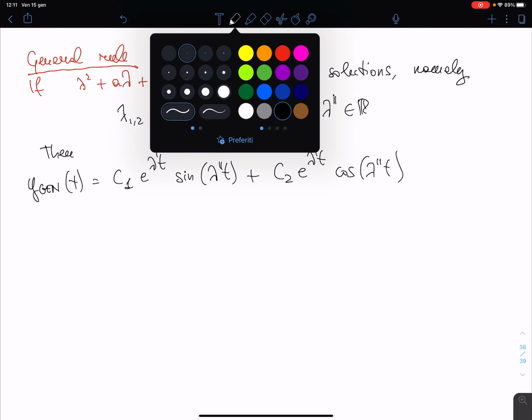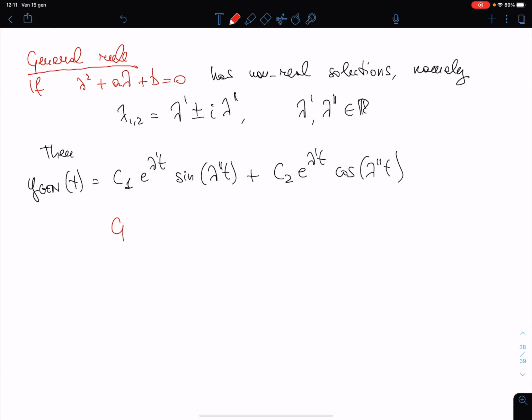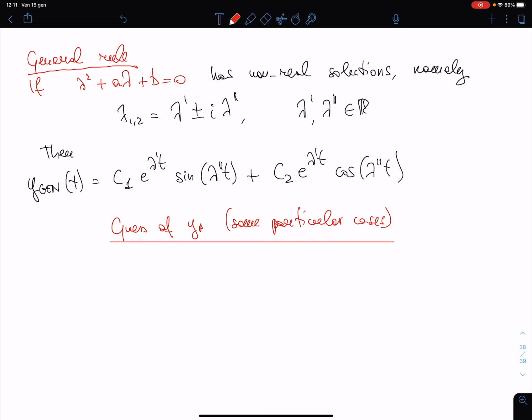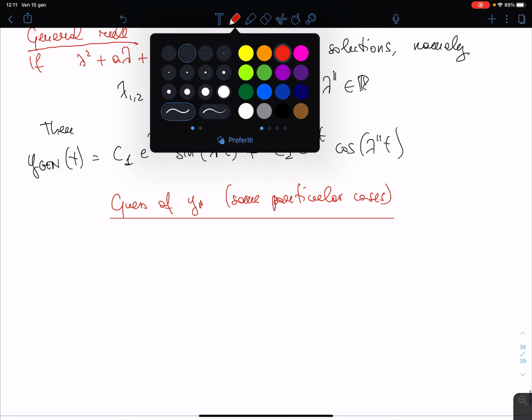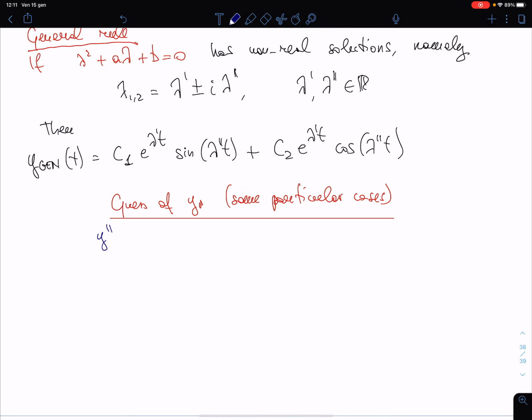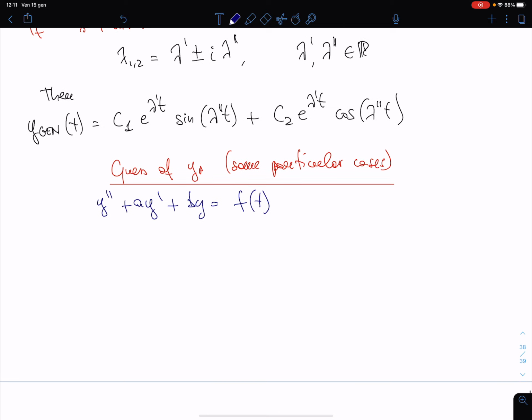And now the very last part is how to guess yp. I give you some particular cases. And so we start from the equation y second plus a y prime plus b y is equal to f of t.